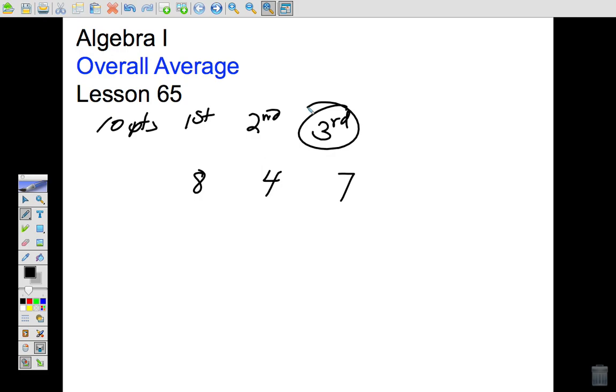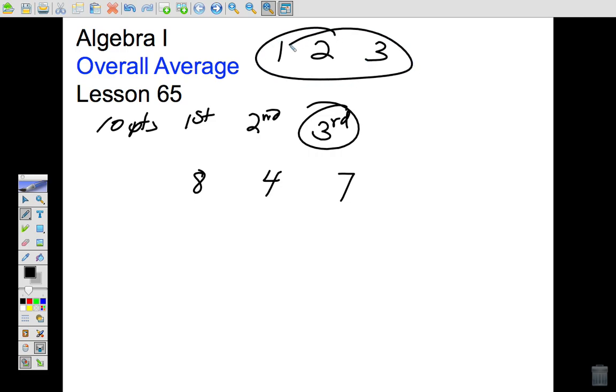Say that the teacher wants the first test to be weighted at 1, and I'll explain what that means a little bit. Maybe the teacher wants the second test of the quarter to be worth double, and that third test is worth triple, right? These are what we would call weights.